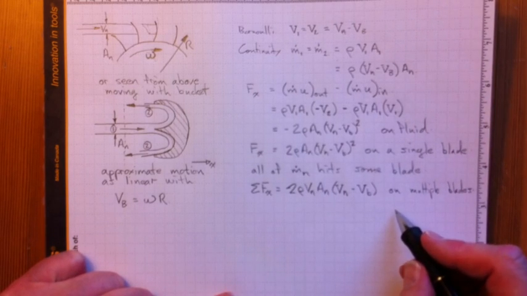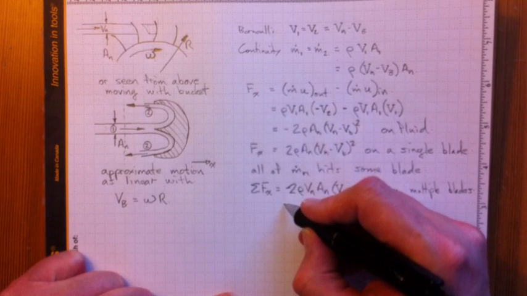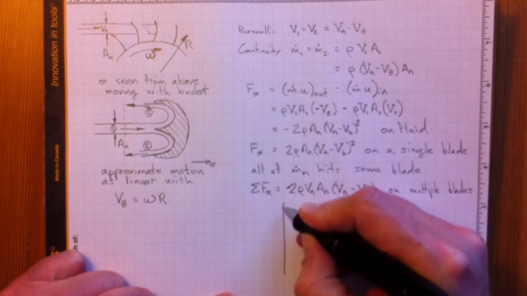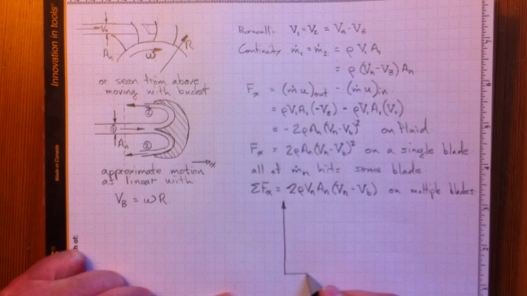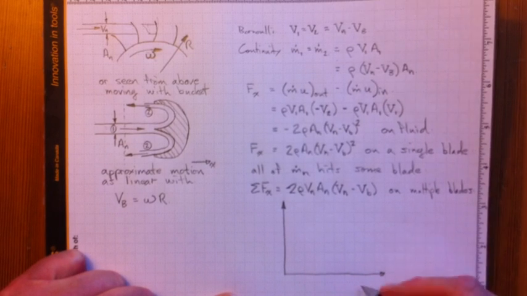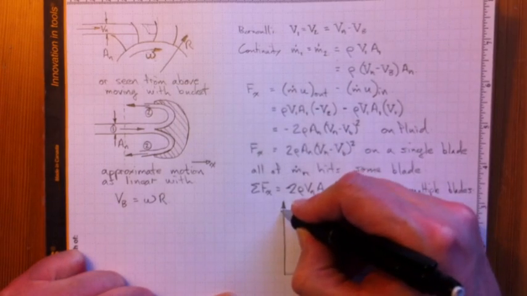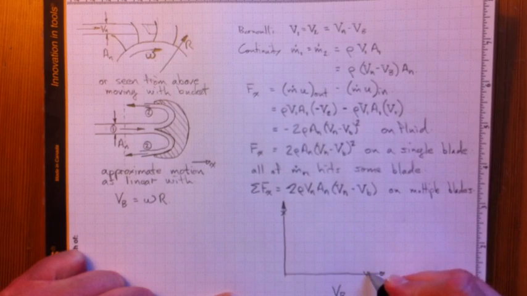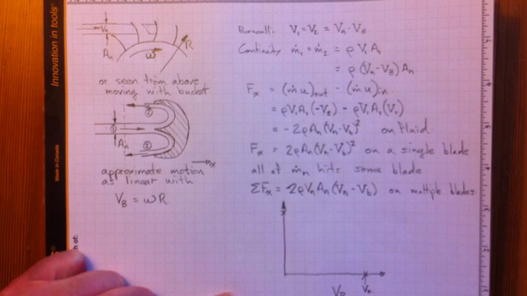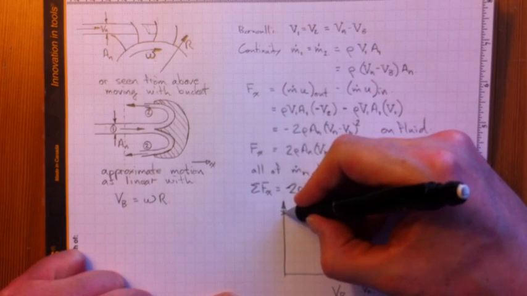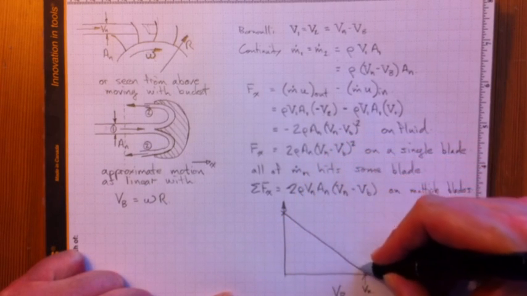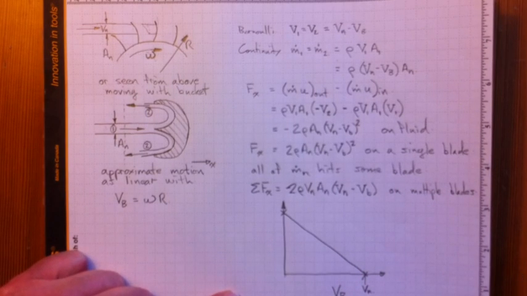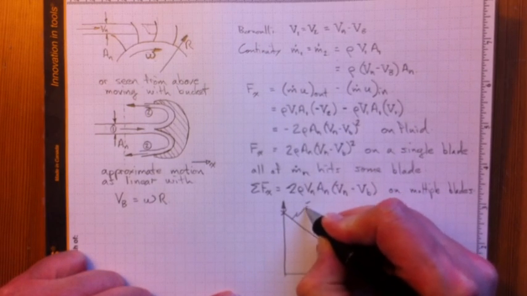So if we look at this force acting on those blades, then for increasing values of the blade velocity, the force goes from a maximum, if the blade's not moving, down to a minimum of 0 if the blade is moving at the same speed as the nozzle velocity. And it goes linearly down like this. So that's the force acting on the blades.